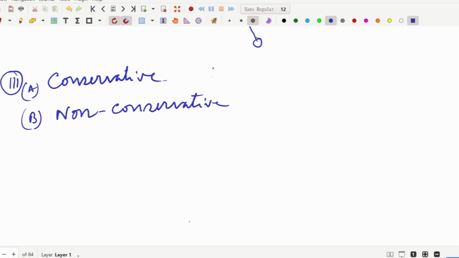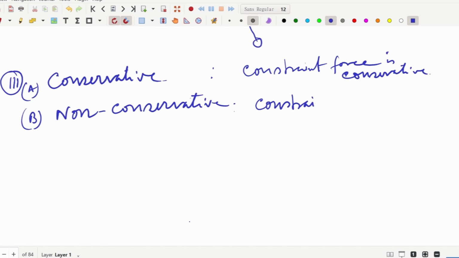So every constraint is caused by some force. The constraint force is conservative, and in the non-conservative constraint, the constraint force is non-conservative.